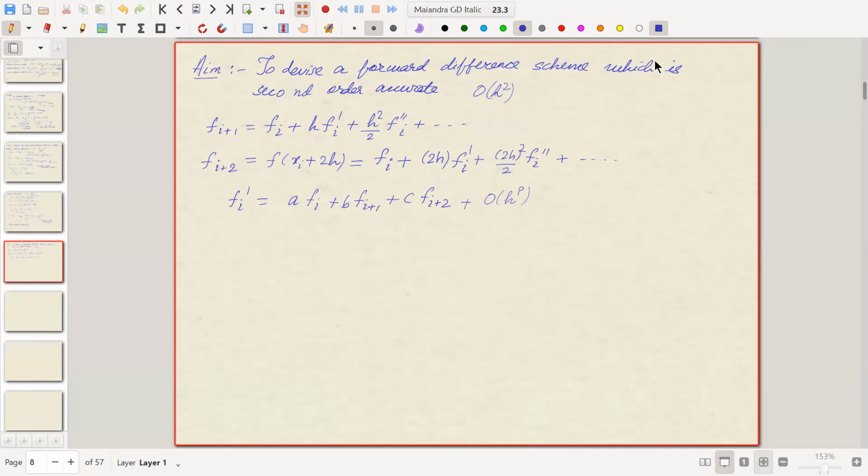So, what do you suggest we do next? F i is f i, we can't do anything, but we have B of f i plus 1. What is f i plus 1?